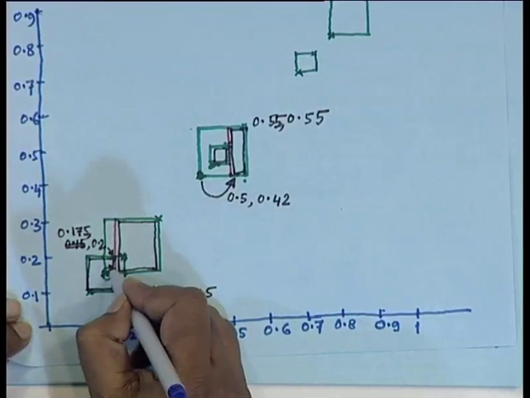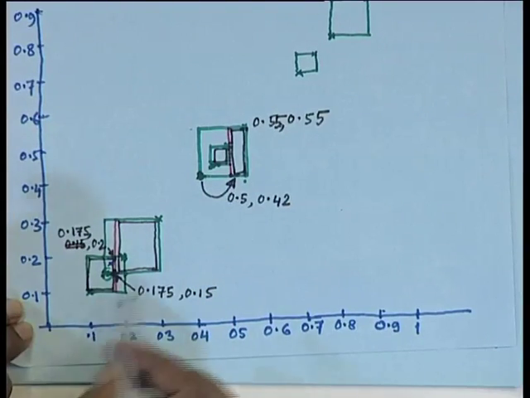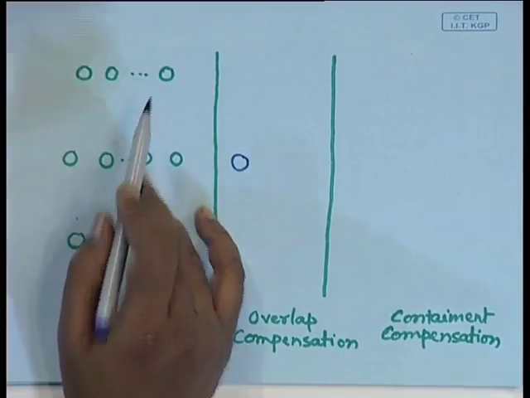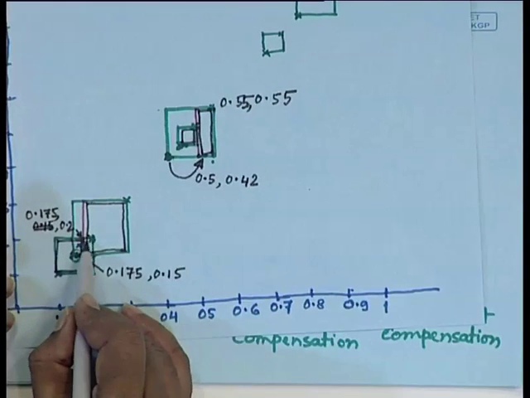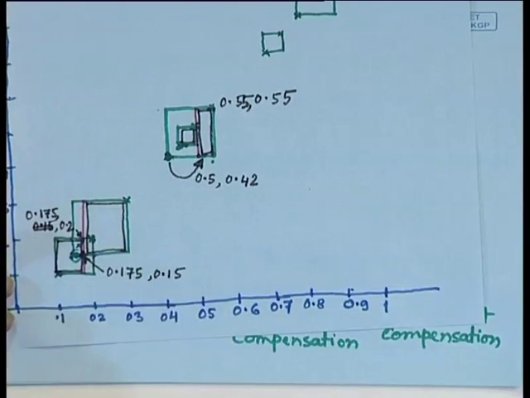Because if a point falls within the overlap region, normally our classifying neurons in the classification section, both of them will give a membership function of 1 to this class and a membership function of 1 to this class. I have to modify or compensate both of them.